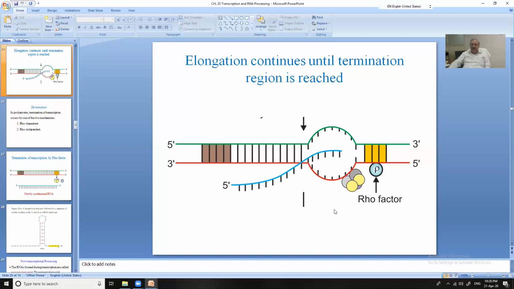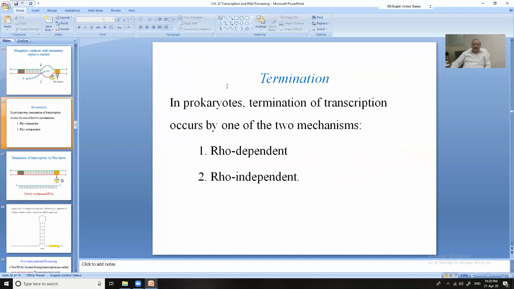And it is Rho factor dependent. Rho factor, where is this? It is attached to the termination sequence or the stop sequence. In prokaryotes, termination of transcription occurs by one of two mechanisms, Rho dependent and Rho independent. As I told you, it may be Rho dependent or it may be Rho independent.